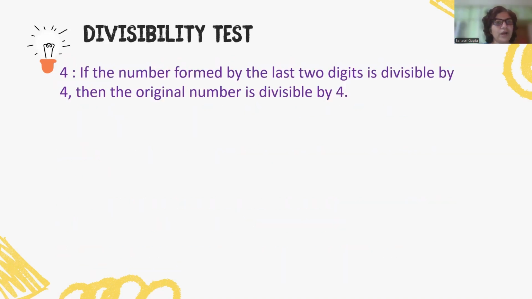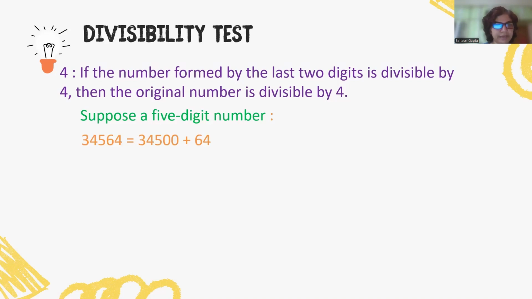Let's see why, if the number formed by the last 2 digits is divisible by 4, then the original number is also divisible by 4. If you take any 5-digit number, it can be a 7-digit number also, we are taking it as an example. Let's take 34,564.